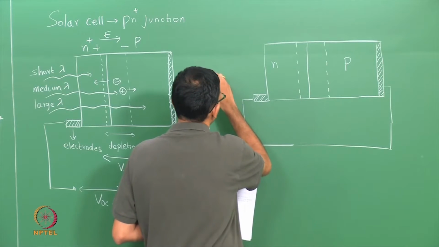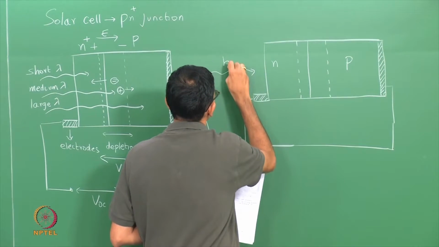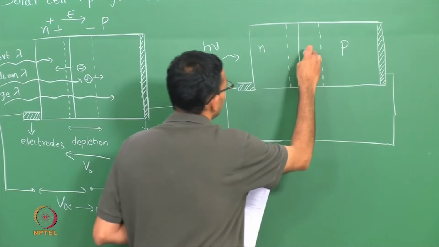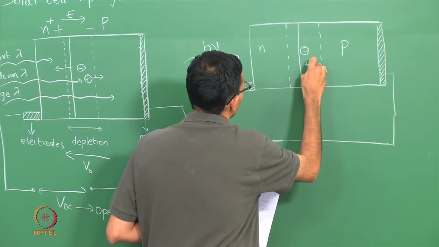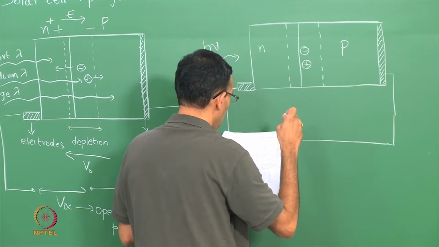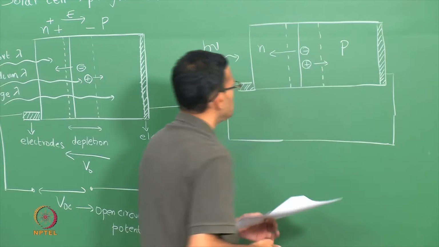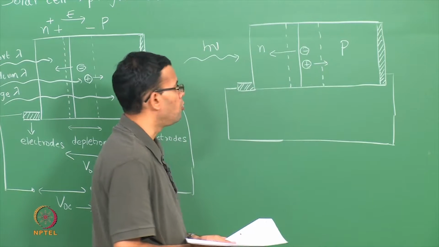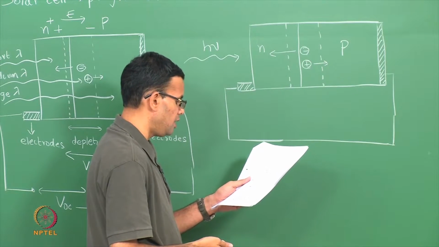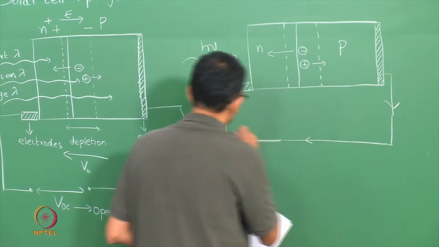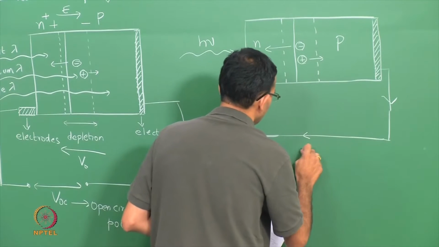So, in this particular case, once again you have solar radiation falling on your sample, an electron hole pair that is generated, the electron accelerating towards the n side and the holes accelerating towards the p side, so that the current flows from p to n.